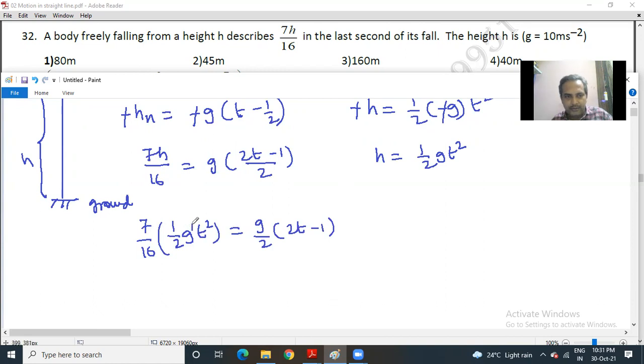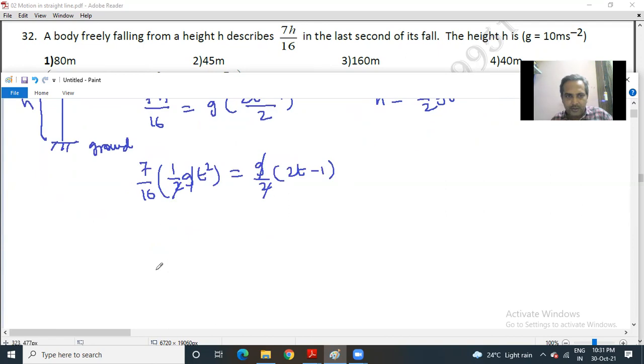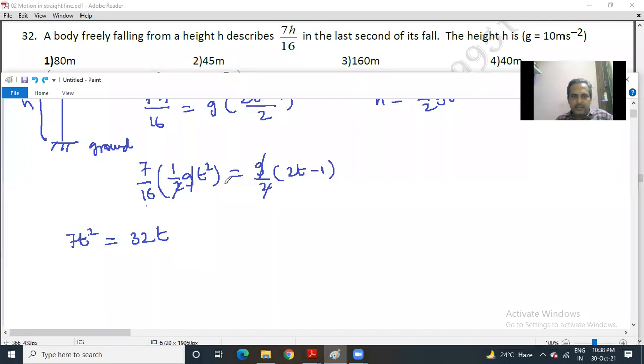Now you can cancel g and g, even the 2 also you can cancel on both sides. So this will be 7t square. If you take the 16 upwards, the 16 will be multiplied with the 2t minus 1, so this is 32t minus 16.